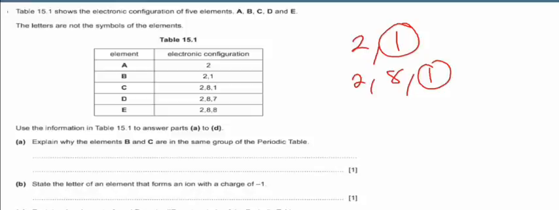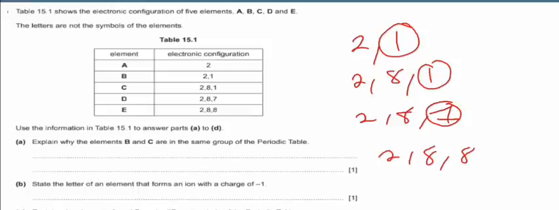Then when it comes to D, it has 2, 8, 7, meaning the number of electrons in the outermost shell is 7, and this element D is found in group 7. Then the last one, which is E, it has 2, 8, 8. So we have 8 electrons in the outermost shell. Therefore, E is found in group 8, which is a noble gas or inert gases.